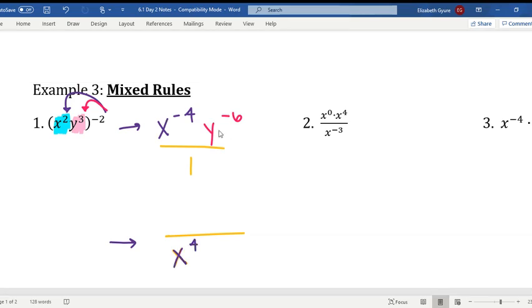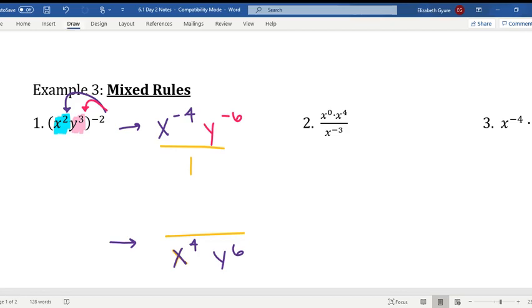And now we have y to the -6th. Where's that need to go? Well, isn't it on top right now? Yeah, good. We're going to move it to the bottom next to the x to the 4th, and it's going to become y to the what? Very good. Y to the +6. And then technically, remember, this is kind of like flipping it over.